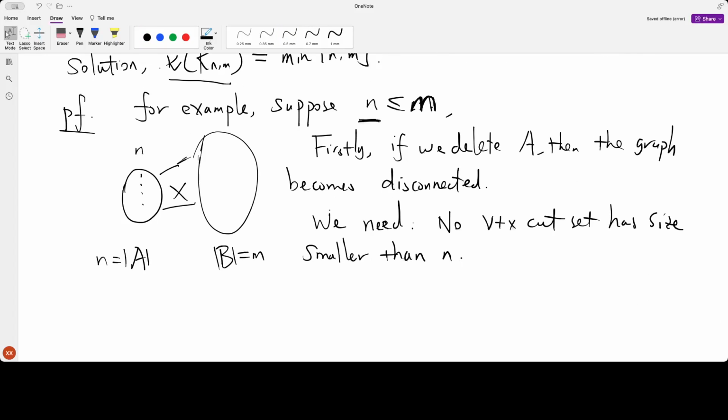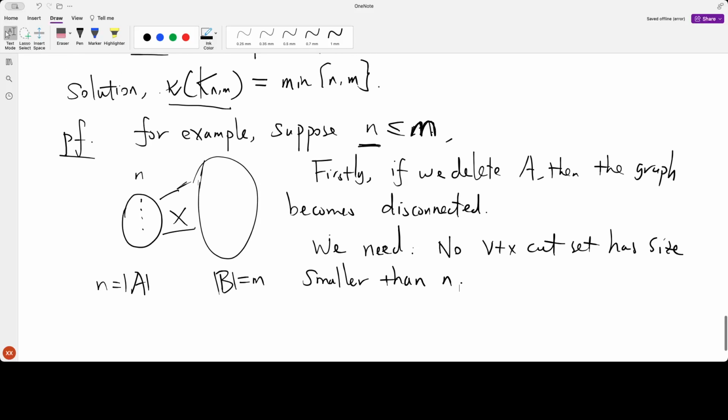So on one hand, we find a cut set with the size exactly equal to n, and on the other hand, we show that no other cut set has size smaller than n. We have to do both in order to prove this.